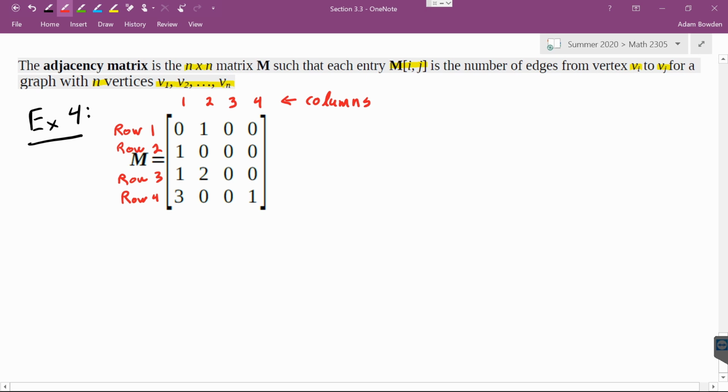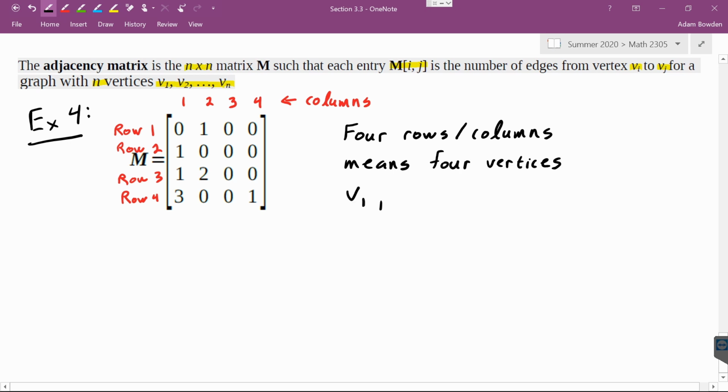Now what each of the numbers in my matrix will stand for here are the edges and the number of edges that go between two different vertices. So since we have a 4-row, 4-column matrix, we're going to have 4 vertices in our digraph. We'll label those as V1, V2, V3, and V4. So what I'll do is I'll start out drawing 4 dots, and those will stand for my 4 vertices.